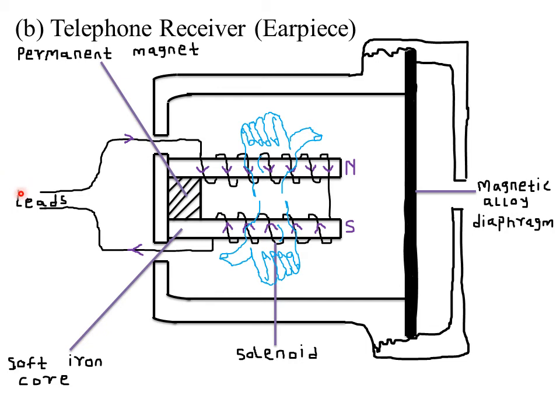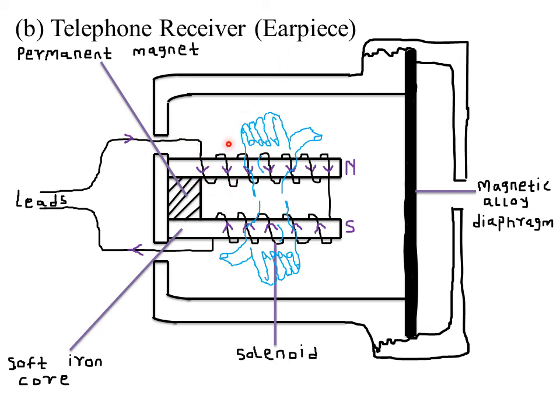As the diaphragm vibrates, it causes the solenoid, which is connected to these wires, to also vibrate. Now, whenever a solenoid or a wire vibrates within a magnetic field, an EMF or an electric current is induced. So that electric current which is induced is the one that now flows through these cables to come into the earpiece.